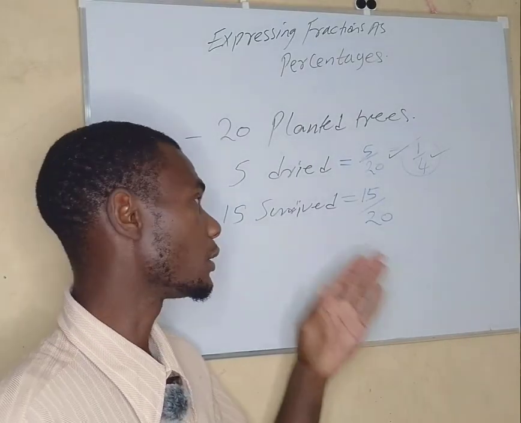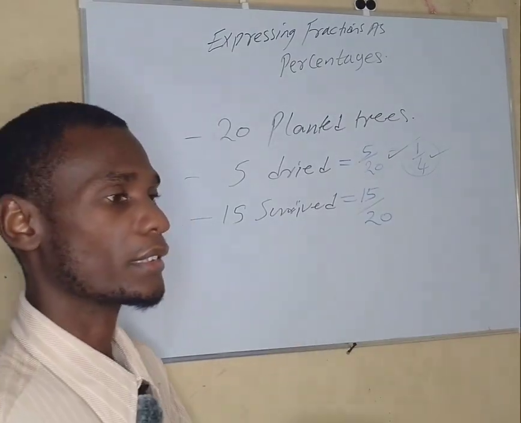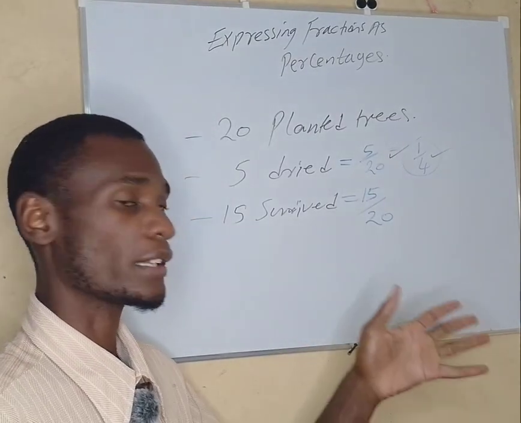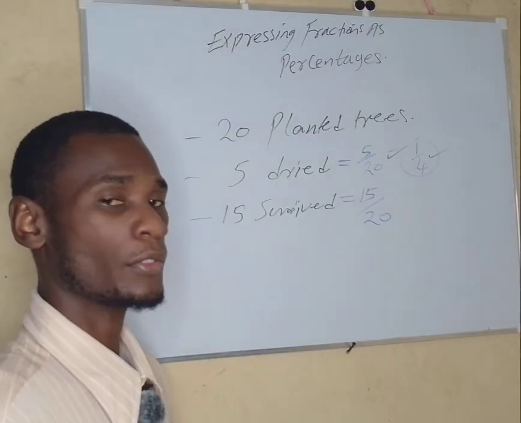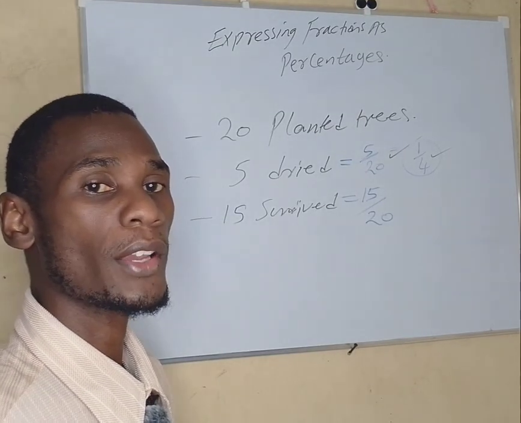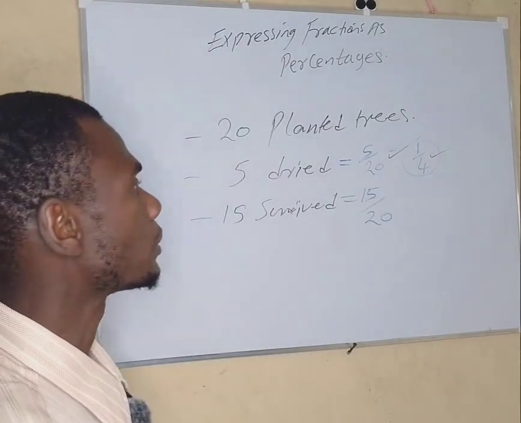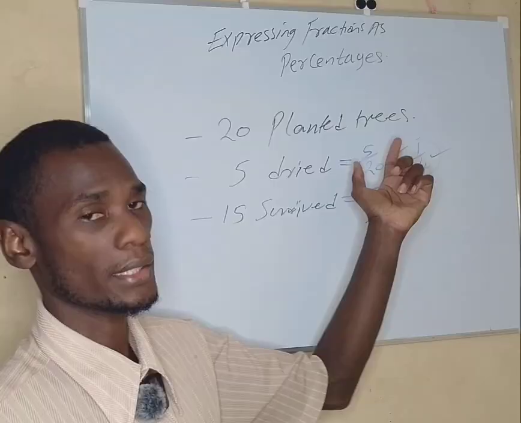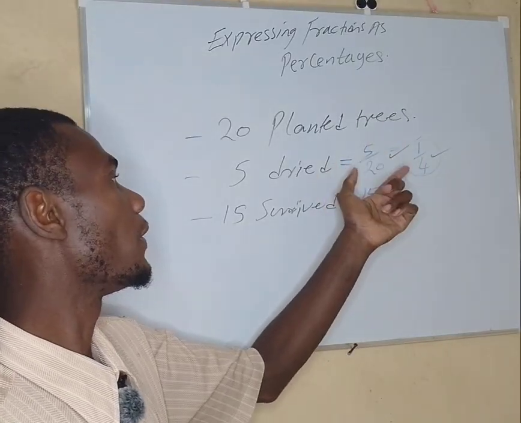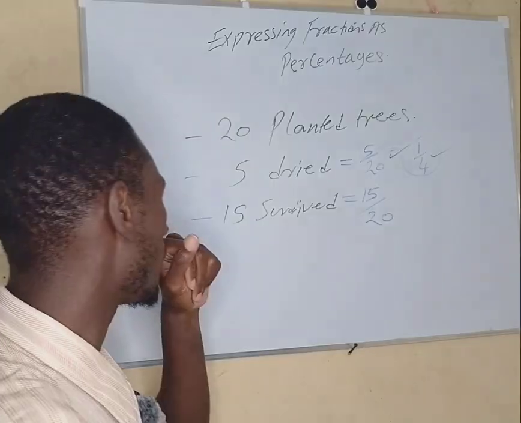Most learners make that mistake. After rushing, the first thing they look at is the choices, and if what I've gotten is not in the choices, they say that question does not have an answer. Simplify your fraction.